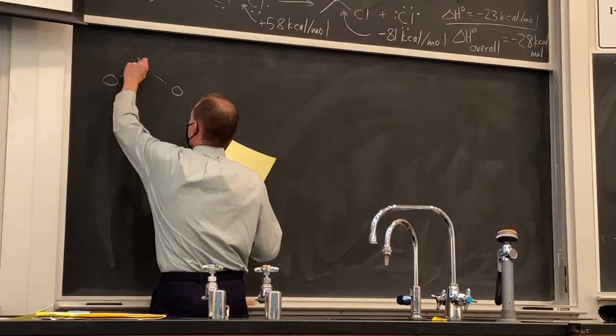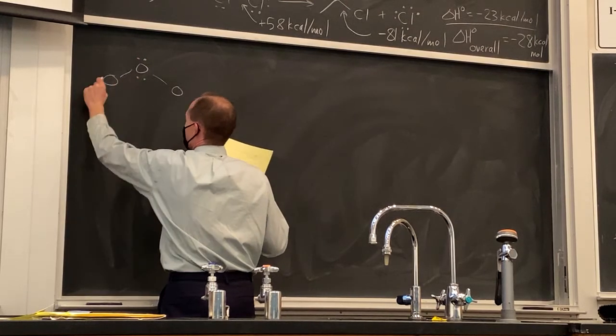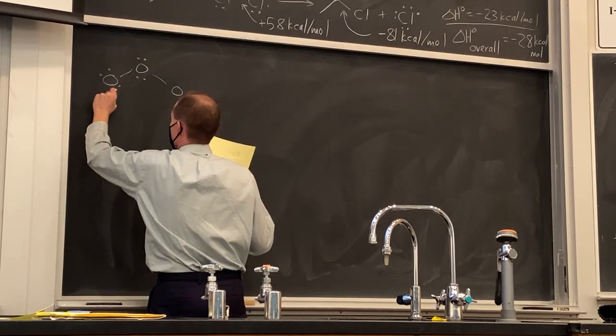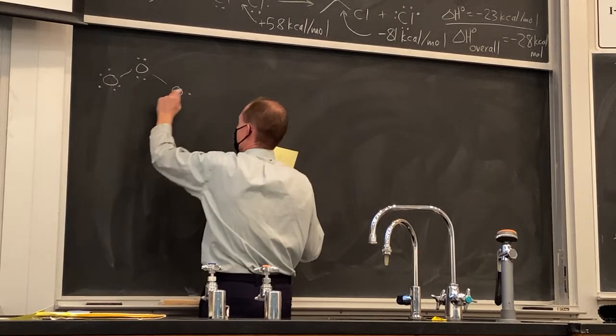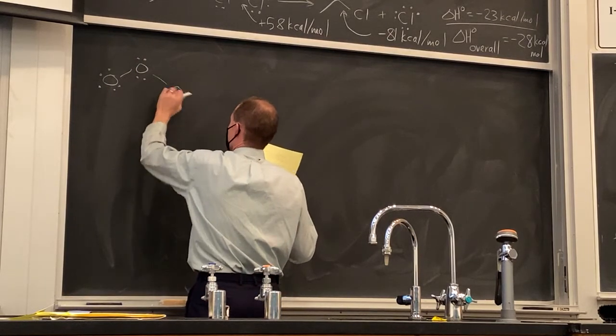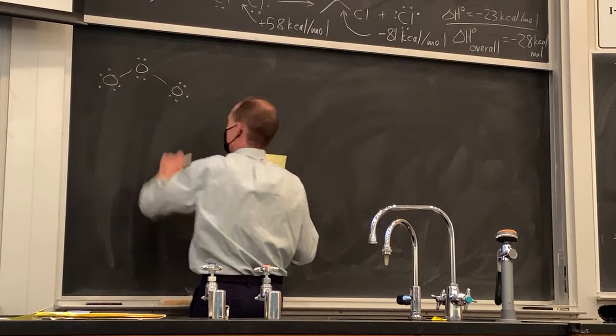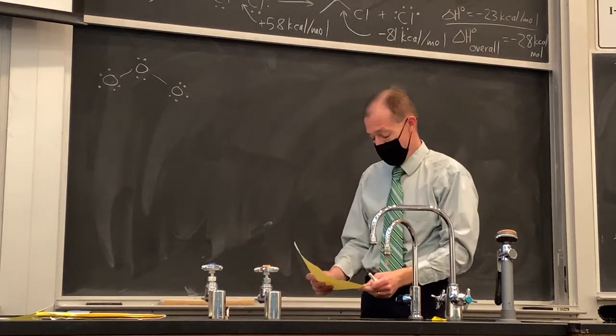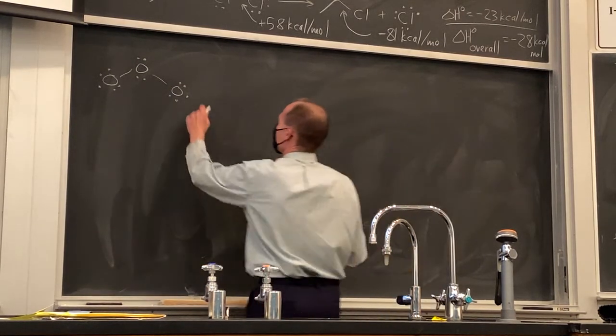there's a couple different resonance structures we can draw of ozone, but we can draw a diradical version of it. Okay? So we can draw ozone in this fashion.